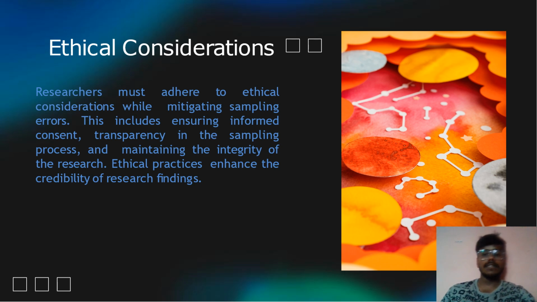Then ethical consideration. Here we can see the ethical considerations of sampling errors. Researchers must adhere to ethical considerations while mitigating sampling errors. This includes ensuring informed consent and transparency in the sampling process.